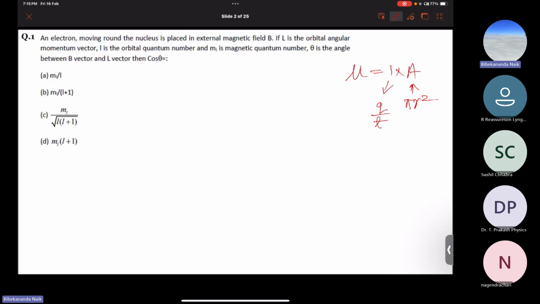From that, when we use Bohr's model, that is mvr equals nh by 2 pi, this is from Bohr's postulate.